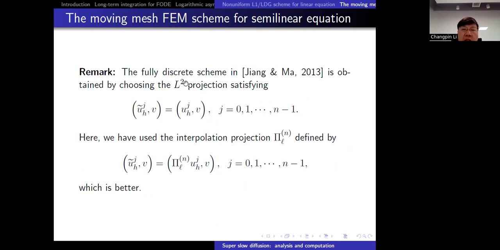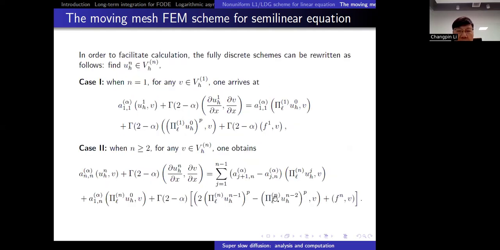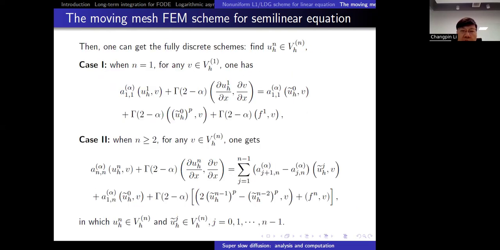The fully discrete scheme in this paper is obtained by choosing the L2 projection like this. Okay. But in our paper we choose like this. You can see the tilde UHJ, U tilde TH, but with different choices.